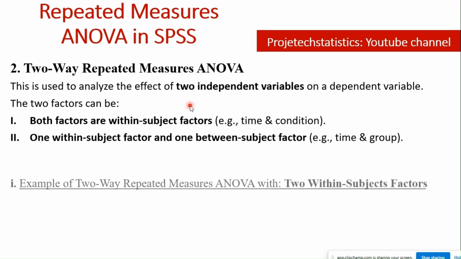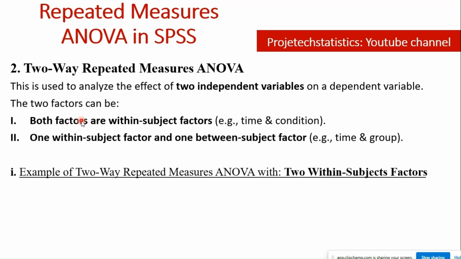In a two-way repeated measures ANOVA, we can have both factors being within subjects. We also have another scenario where one of them is a within subject factor and one of them is a between subject factor, depending on your design.